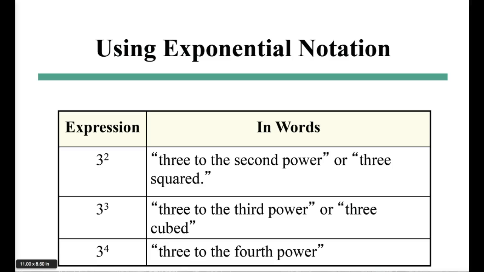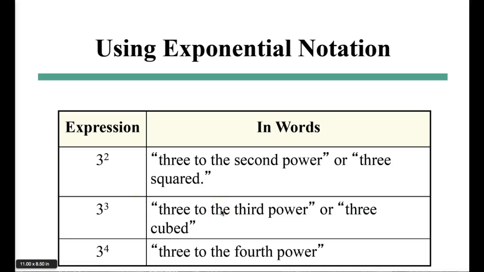So in words, if we have 3 raised to the 2nd power, then another way we could say that is 3 squared. If we have 3 raised to the 3rd power, then another way that we can say that is 3 cubed.